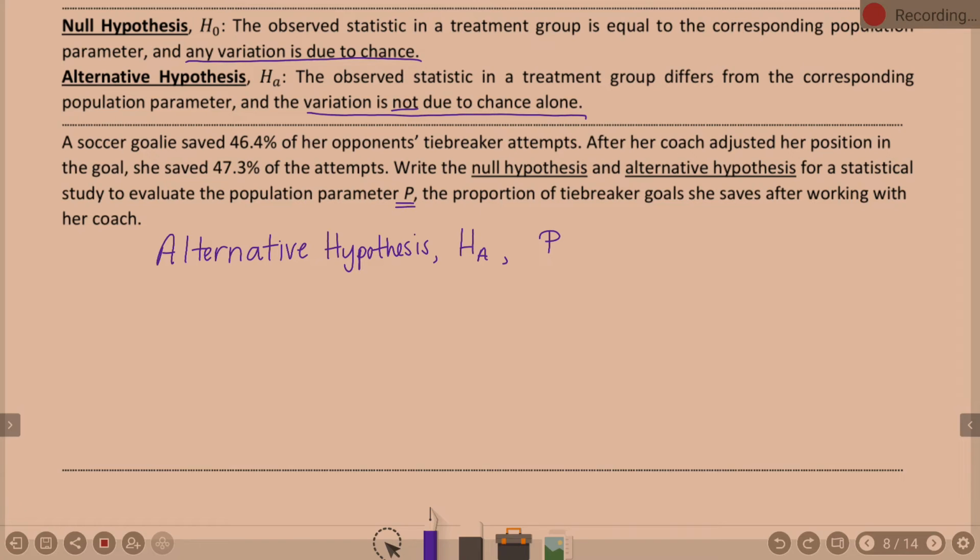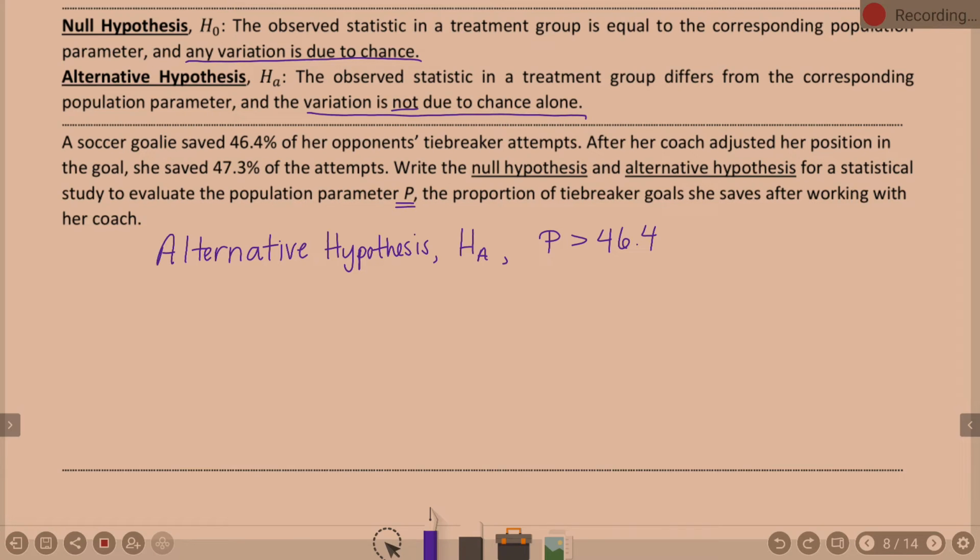They're claiming that her percentage will increase if the coach changing her setup works. And so we're going to say P greater than 46.4. Okay?